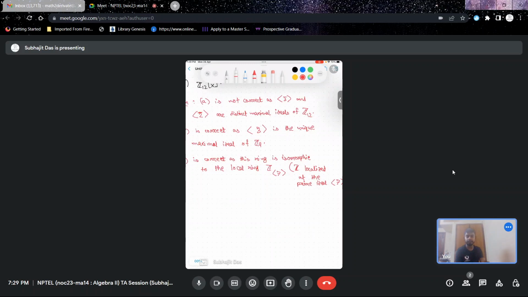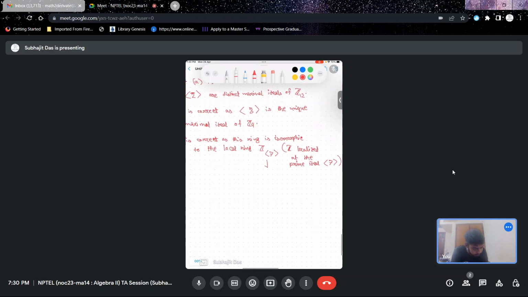The unique maximal ideal of this ring will be the elements of the form A by B, where A is a multiple of 7 and B is not a multiple of 7. Why is that the case? Because everything outside this has been turned into a unit, right? So this is precisely the set of all non-units, where A is divisible by 7 and 7 doesn't divide B. This is precisely the set of all non-units, which will be a maximal ideal.